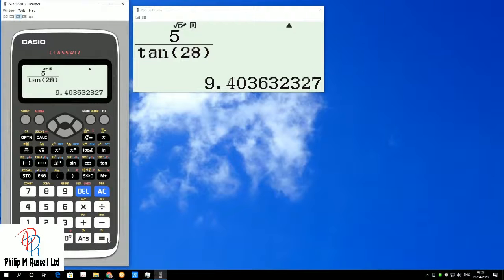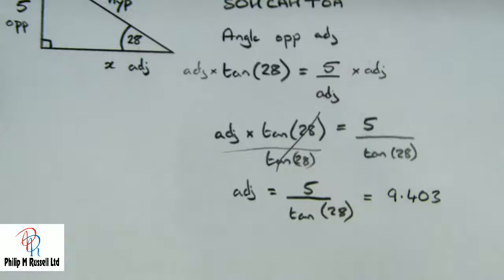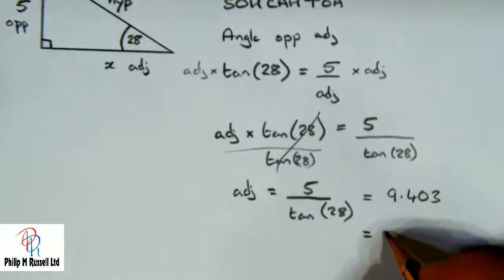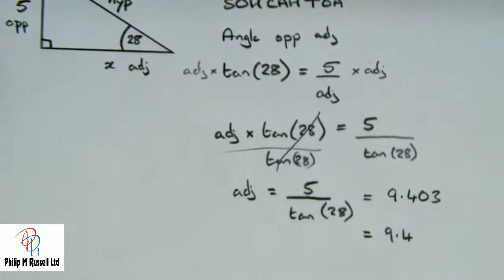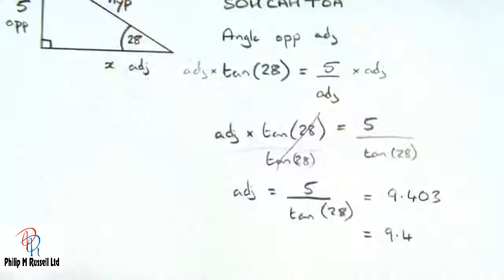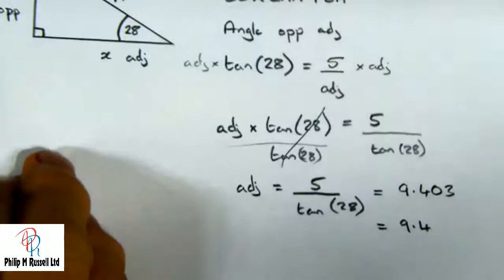And up I come with my answer, 9.403, and I'm going to round that to 9.4, and there's my answer. So we can get these arranged in a different way. Let's do one more of those to make sure you're happy with that.